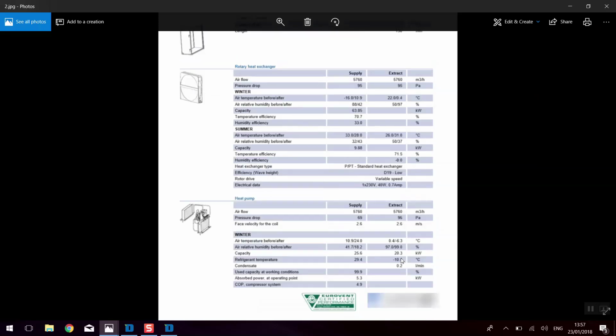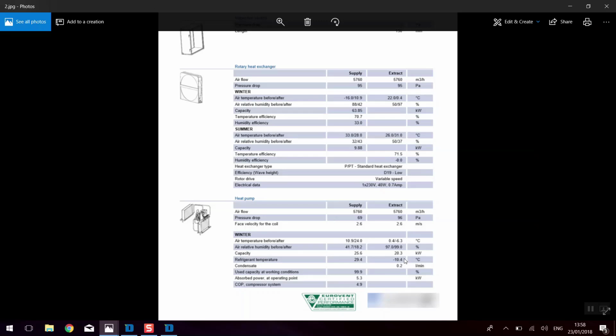Then we go to the heat pump side, and what is important to mention here. First of all, in winter mode, the evaporator inlet temperature is minus 6.3 degrees. At the same time, it is written the refrigerant temperature, or maybe they mean evaporation temperature, is minus 10.4 degrees with a coil face velocity of 2.6 meters per second, which in our opinion is quite high.